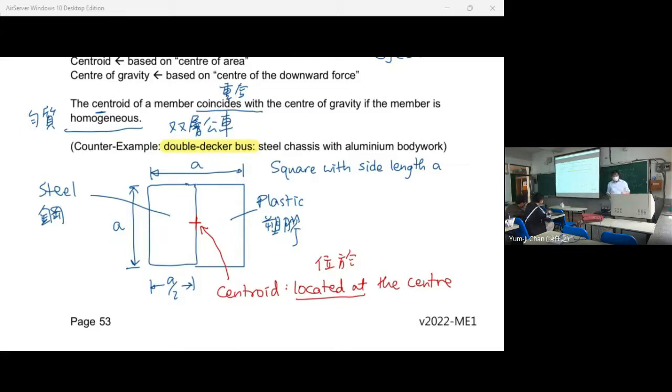But as you know, the center of gravity, which is the average of the downward force, is centered here because this is heavy and this is not heavy. This is heavy and this is light, right? So the center of gravity is somewhere on the left.